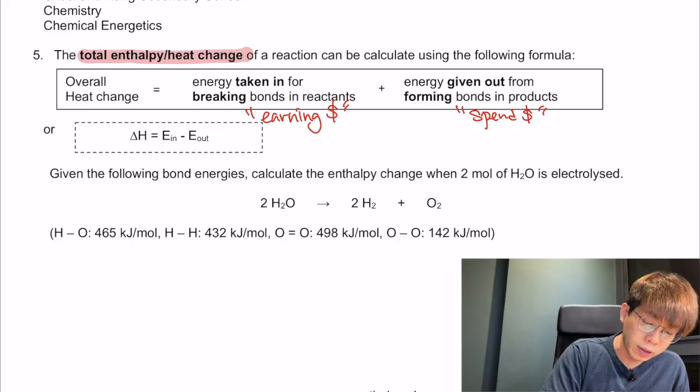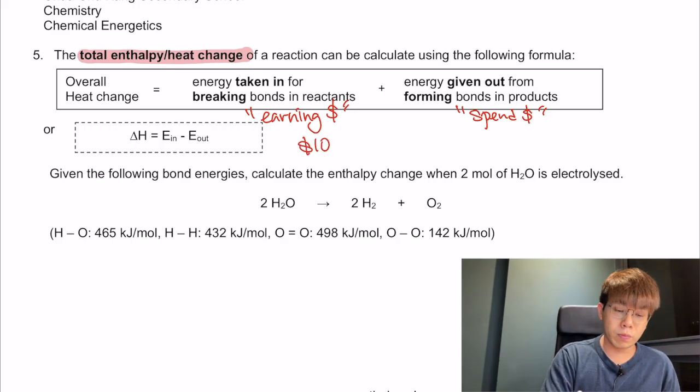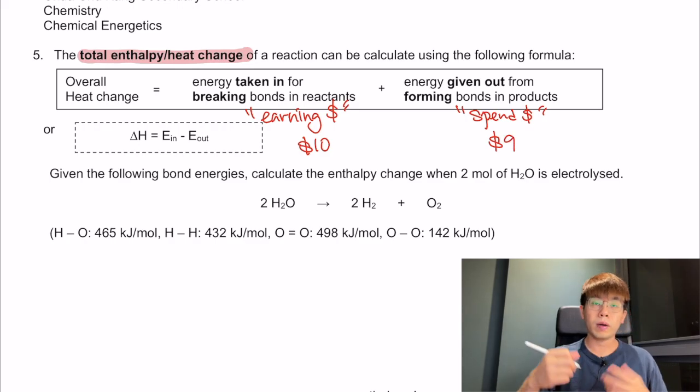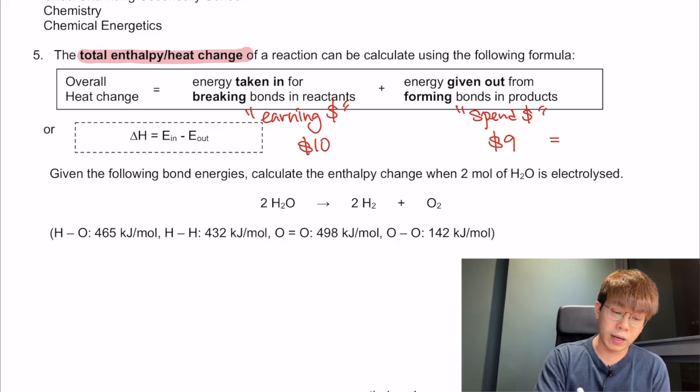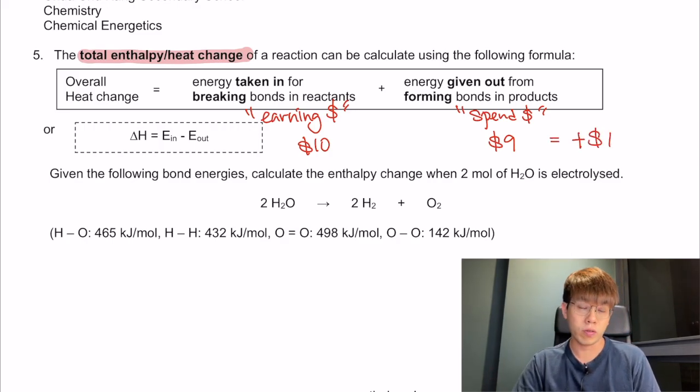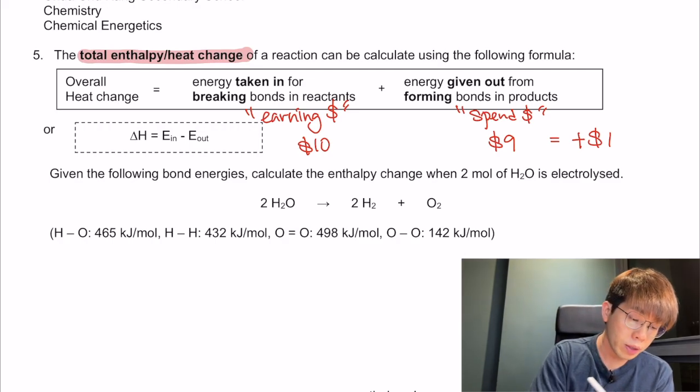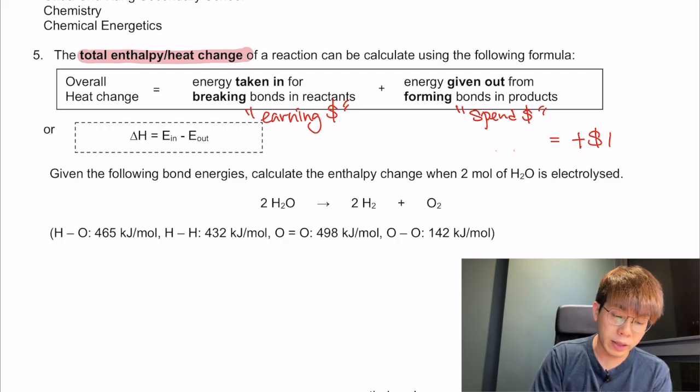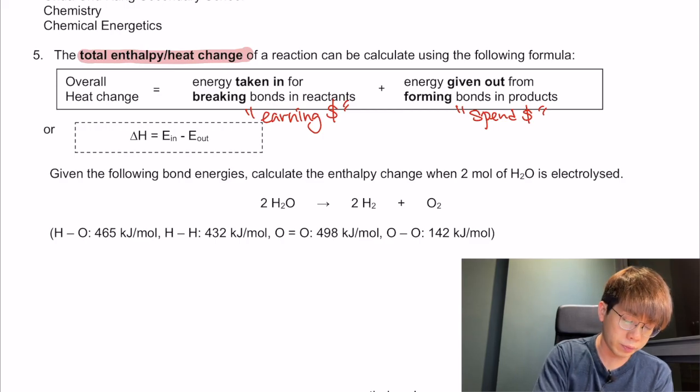If I earn $10 and if I spend $9, what is the overall change? So you can tell that I would have a positive $1 change, right? Positive $1.